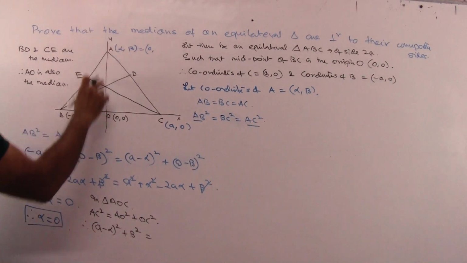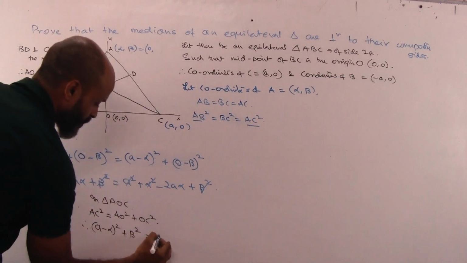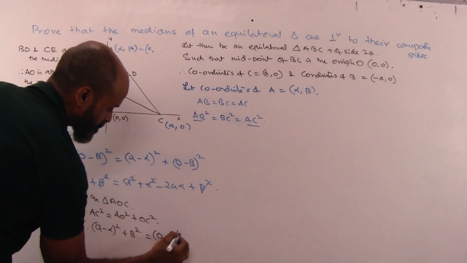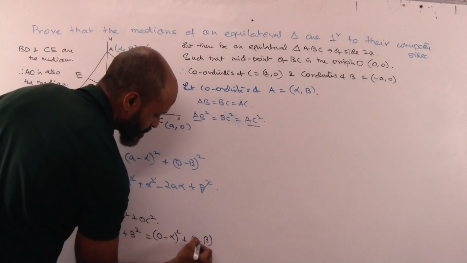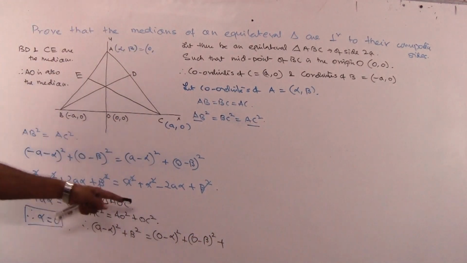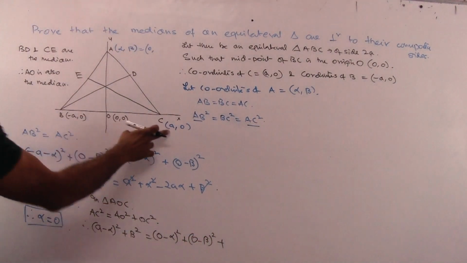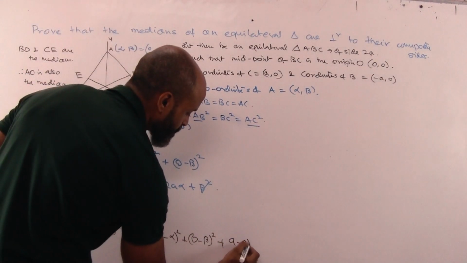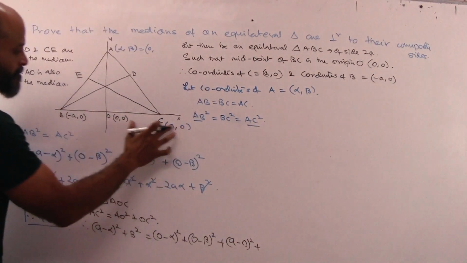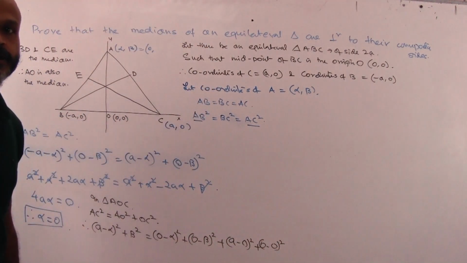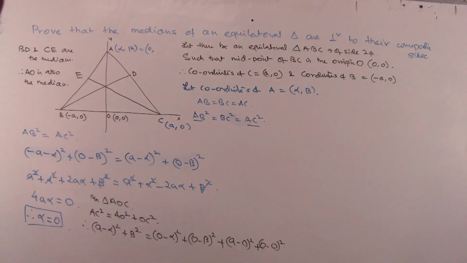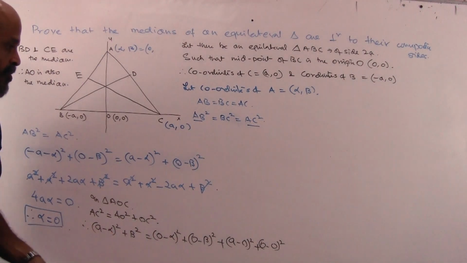What will be AO square? So 0 minus alpha square plus 0 minus beta square. What will be OC square? OC square will be A minus 0 square plus 0 minus 0 square. Okay, so what do we have here?